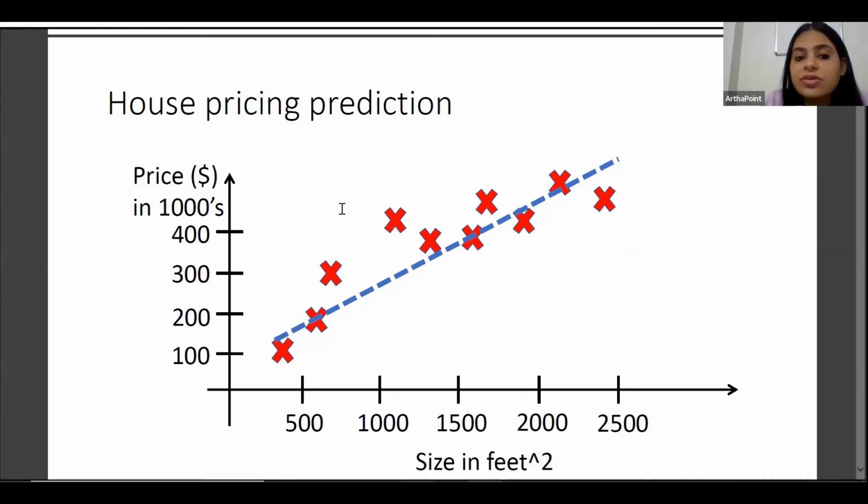So the red dots show you the actual points: when the size of the house was 500, the price of the house was 200. When the size of the house was 1000, I go here and I check, the price of the house was about 420. So each of the red points depicts the actual situation in the housing market.